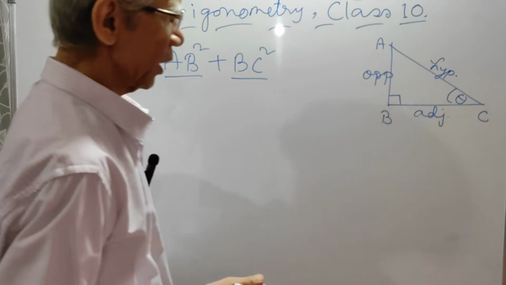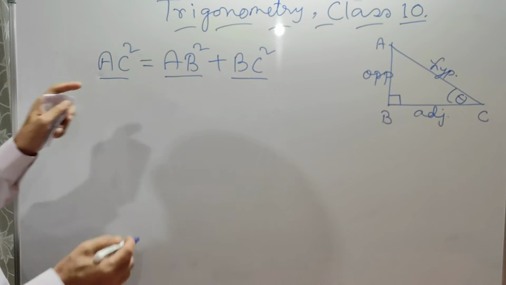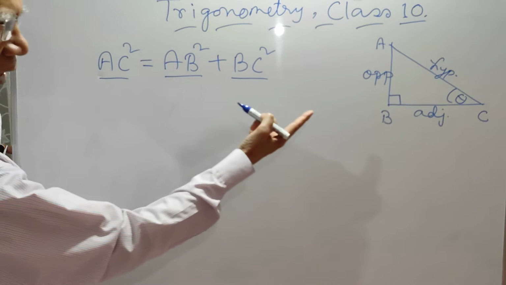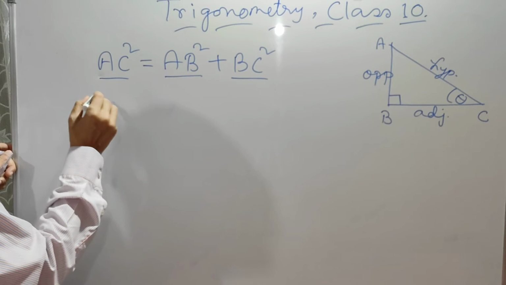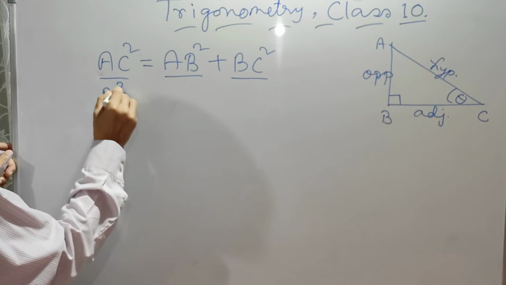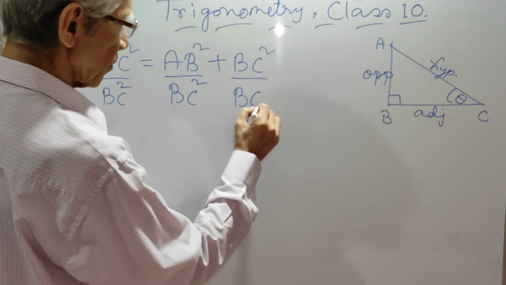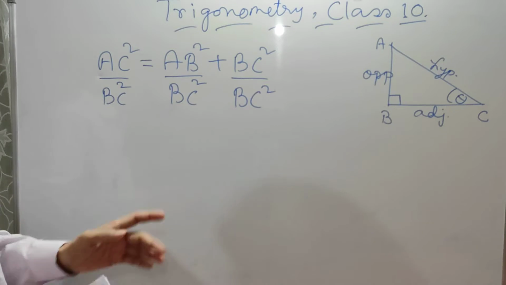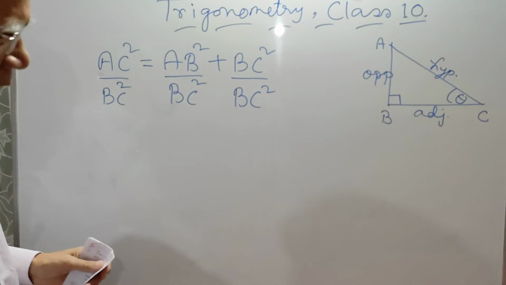Okay, now let us see this one. Now next we divide the whole equation by BC square, that is adjacent square. Okay.